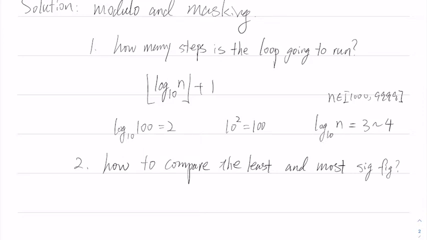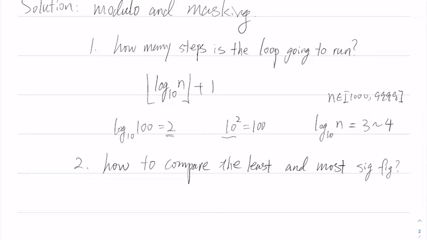Then, because we are running the loop an integer number of times, we have to either round it down or round it up. In this case, we always round down and then we add 1, because in the 100 case, this is going to give you a 2, but 100 actually has 3 digits in it.